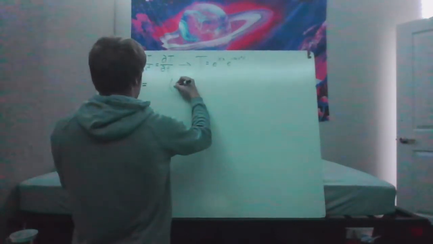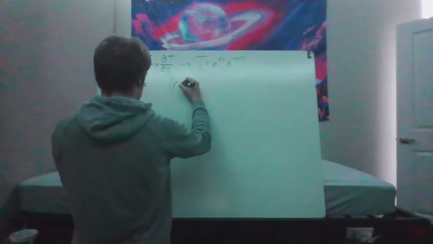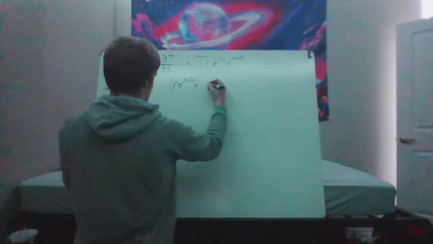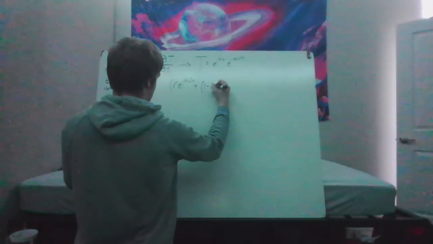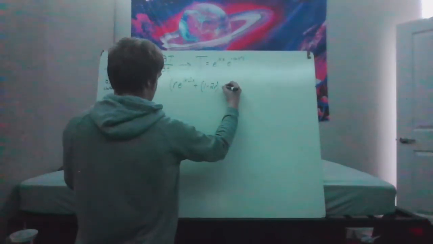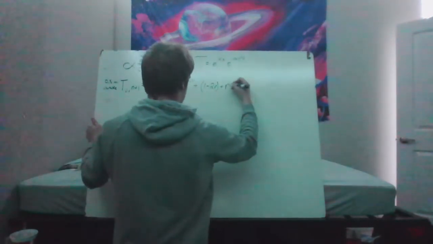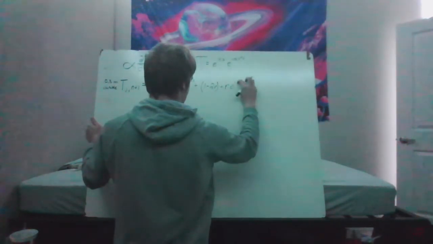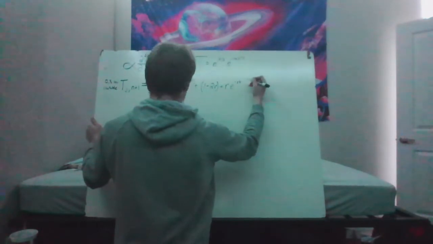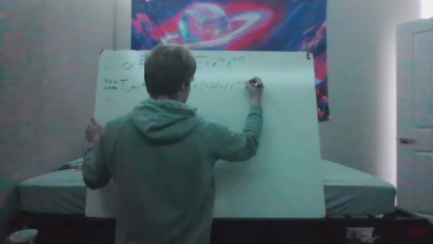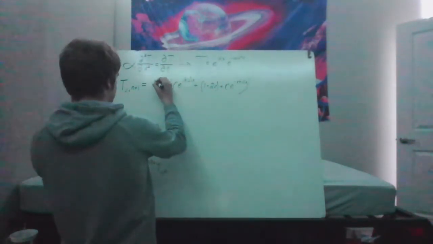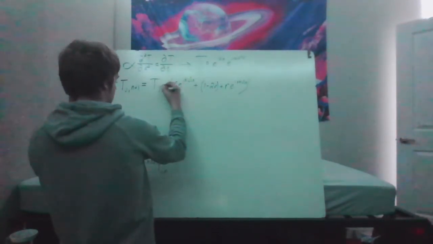So we have r, delta x, and so we can just factor out the t sub j comma n, as you can see what I did here.